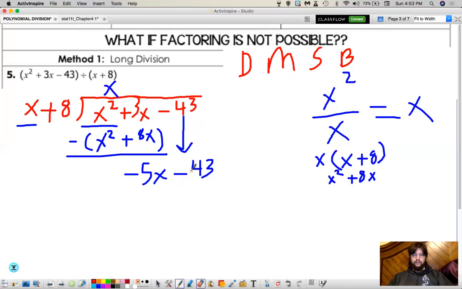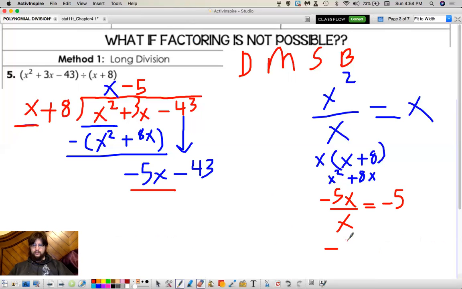Now again, we're going to do some scratch work. We're going to divide our first term by our first term here, x. So negative 5x over x is just negative 5. Again, that's our quotient. Take our quotient, multiply it times our divisor. Distributive property.